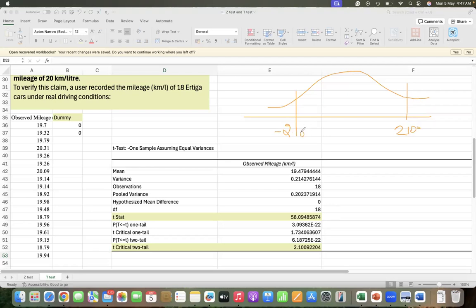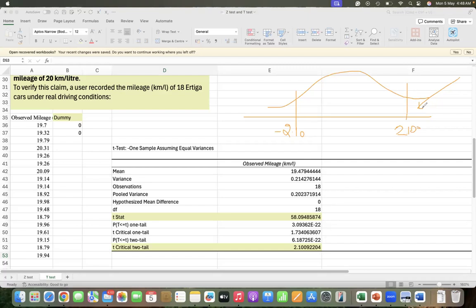Now our calculated value, which is 58, is way beyond this value of 2.1. So we can say that our calculated value is falling in the rejection region. So we reject the null hypothesis.